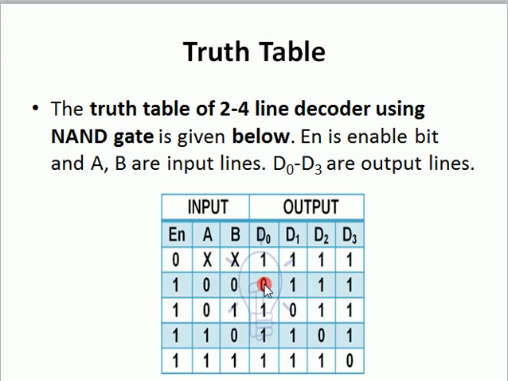Then D0 is 0 and the other outputs will be high. When we have the combination 0, 1, D1 will be 0 and D0, D2 and D3 will be 1. In the next combination we have 1, 0, in which the output D2 will be 0 and the other outputs D0, D1 and D3 will be 1. And in the last, both inputs are high, 1, 1. Then D3 will be 0 while D0, D1 and D2 will be equal to 1.